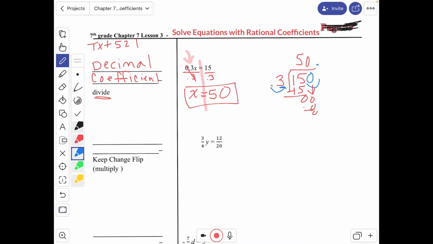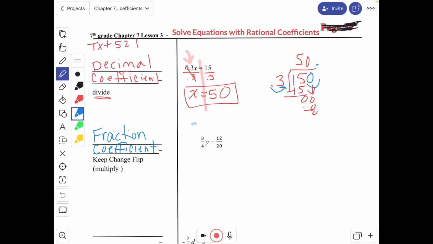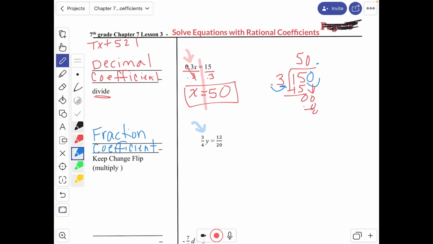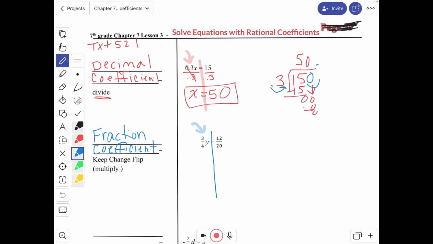Now let's try a fraction coefficient. So we're multiplying the variable times 3/4, and the opposite of multiplying is dividing. But when we divide by a fraction, we have to do that keep, change, flip.